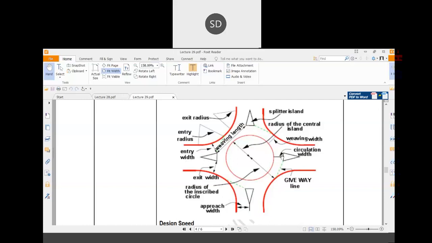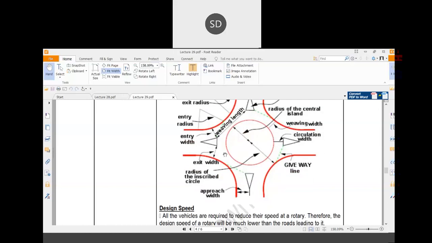That is how much width is available for the vehicle to circle around that roundabout. So these are the splitter island or divisional island, and this is the radius of the central island, and this is weaving width. So these are the different portions of the rotary intersection.